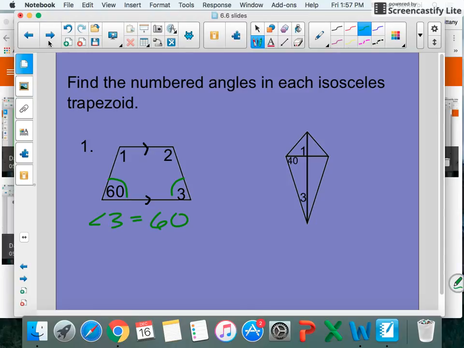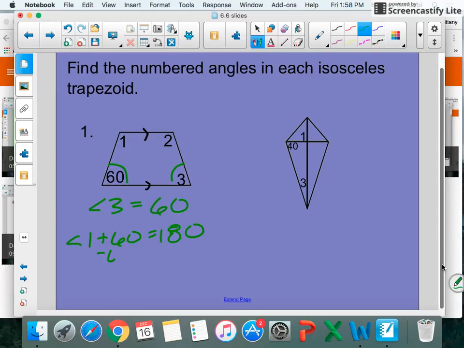Now, to figure out angle 1 and angle 2, we know that those angles are going to be supplementary. So angle 1 plus 60 equals 180. From there, I can figure out how much angle 1 is, which is going to tell me how much angle 2 is.